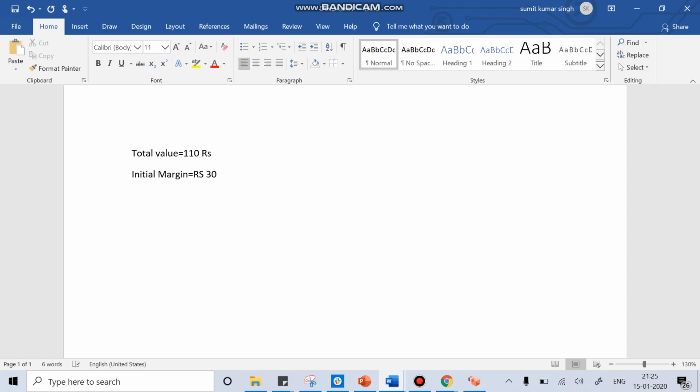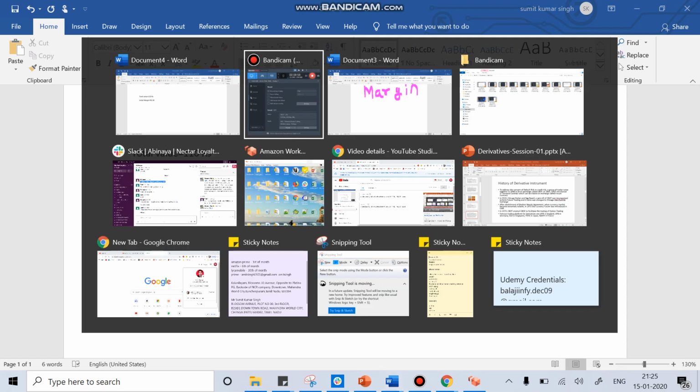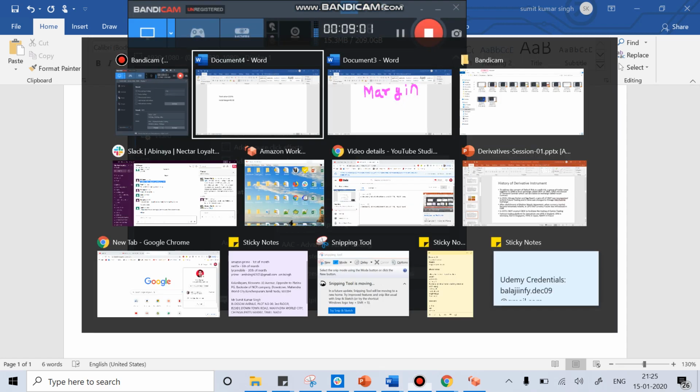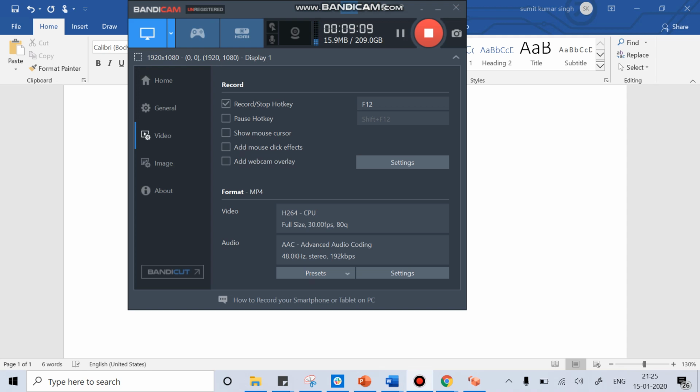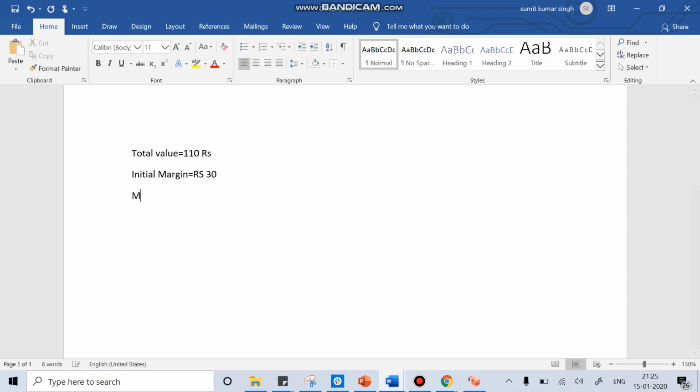That way the exchange every day looks into the price of the underlying asset, and based upon that, debits and credits money from one person's account to the other person's account, until any person's account touches something called the maintenance margin. The maintenance margin is the minimum amount that needs to be maintained in the exchange.